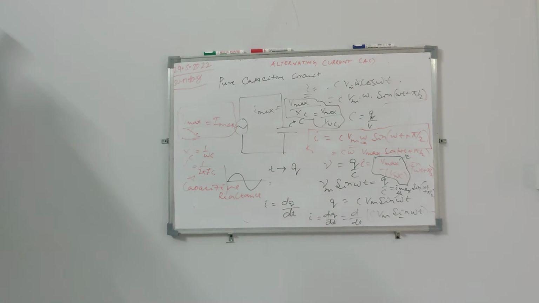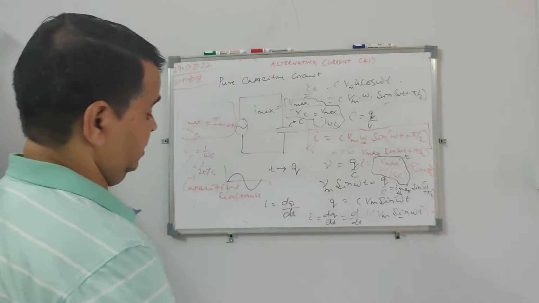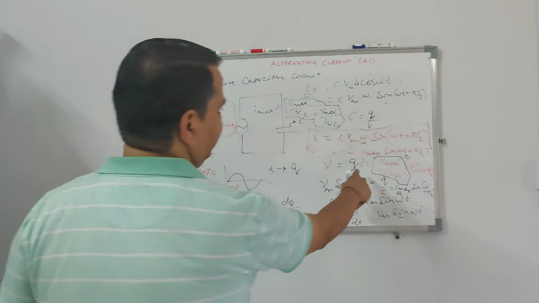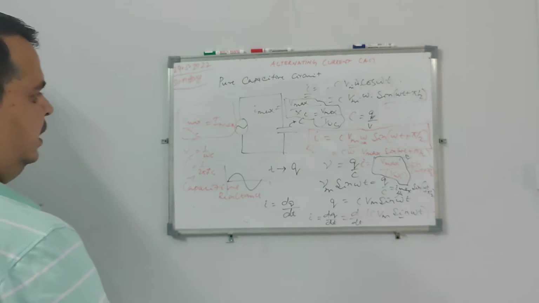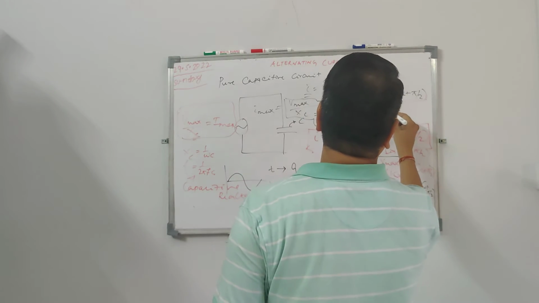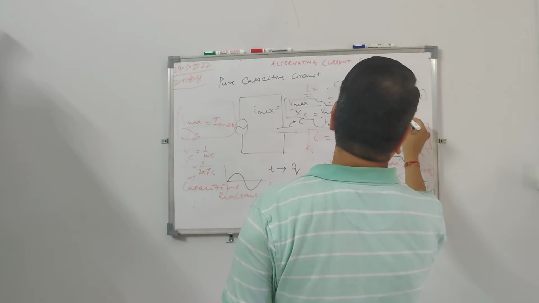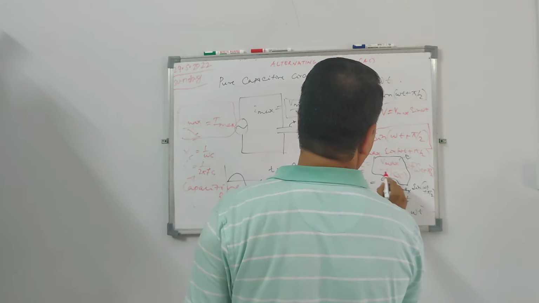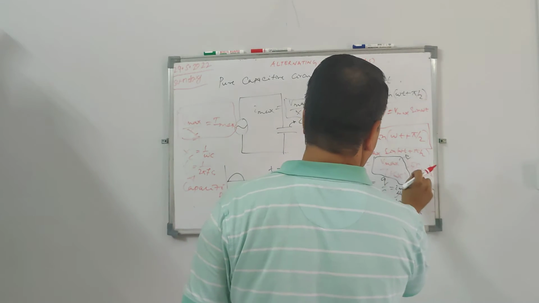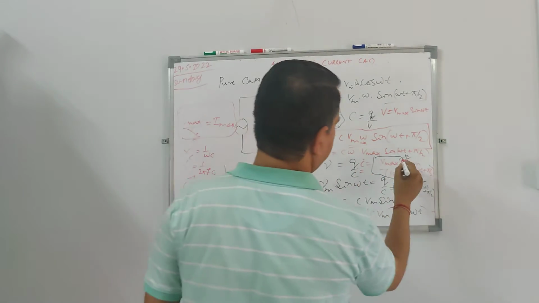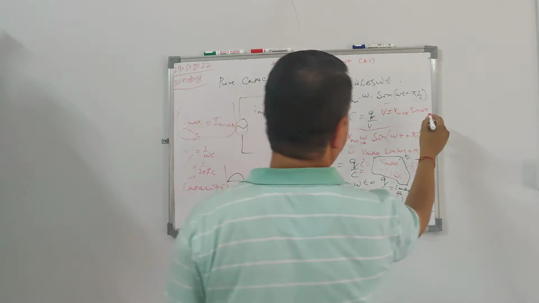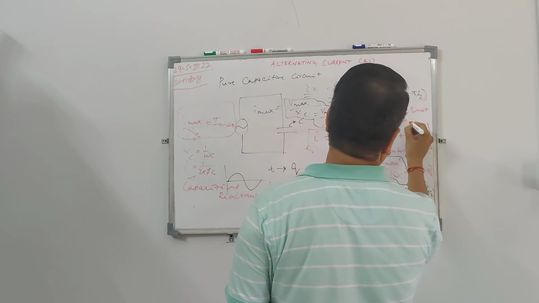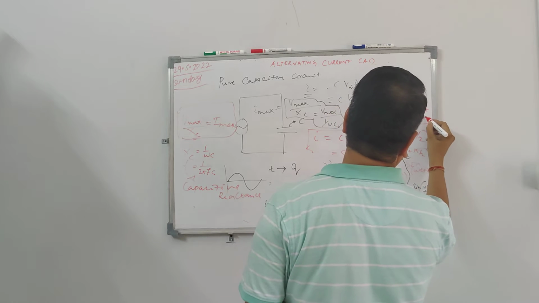So I is equal to Vmax by capacitive reactance into sin(omega t plus pi by 2). If you compare it with the voltage, the only difference is pi by 2, plus here and minus there. So V is equal to Vmax sin omega t, and I is equal to Imax into sin(omega t plus pi by 2).